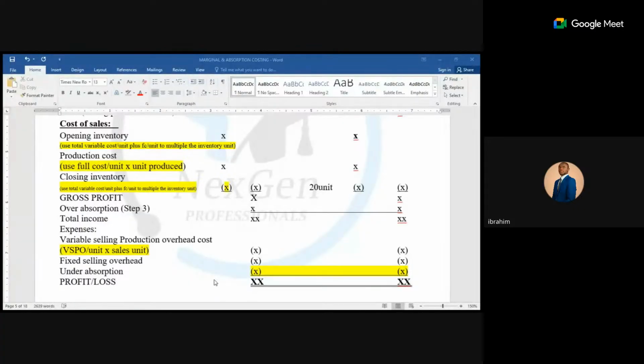Over absorption means that they have overcharged you. You have overproduced that product. Then that additional unit you are overproducing becomes a gain to you. That is why over absorption is added to the gross profit as income, while under absorption will be part of the expenses.